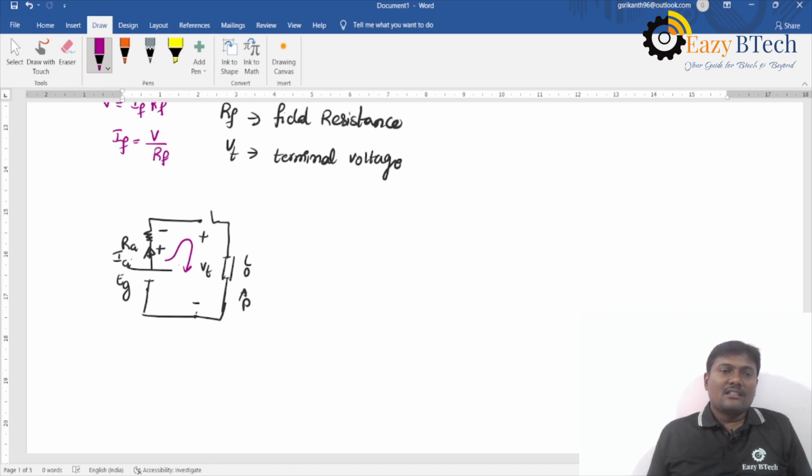I am telling like this: current entering the positive terminal is treated as positive IA RA. Here also current enters the positive terminal, so plus VT.